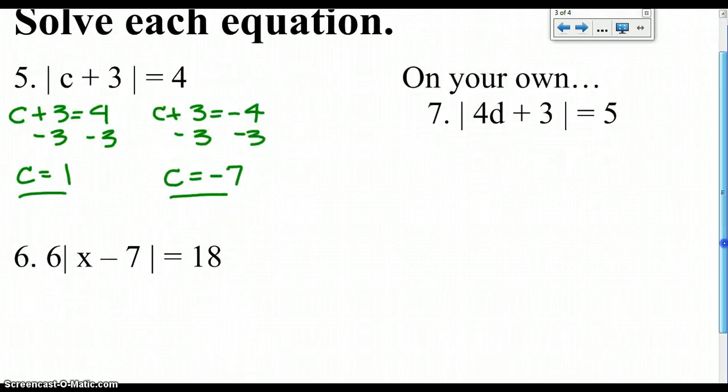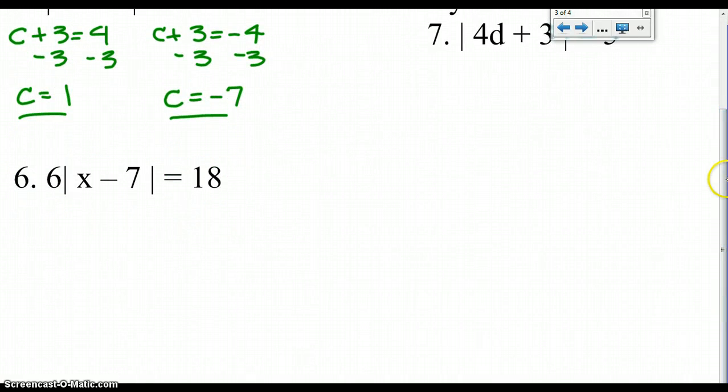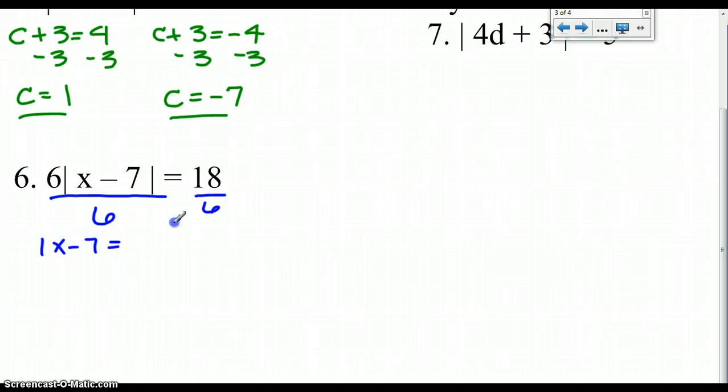We're going to do number 6. So to get what's inside the absolute value by itself, we have to divide by 6 on both sides. We get the absolute value of x minus 7 is equal to 3. Oh, I forgot our line.